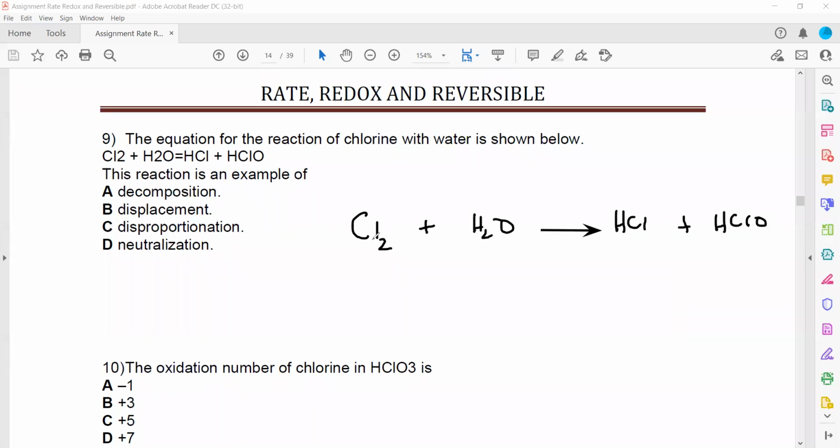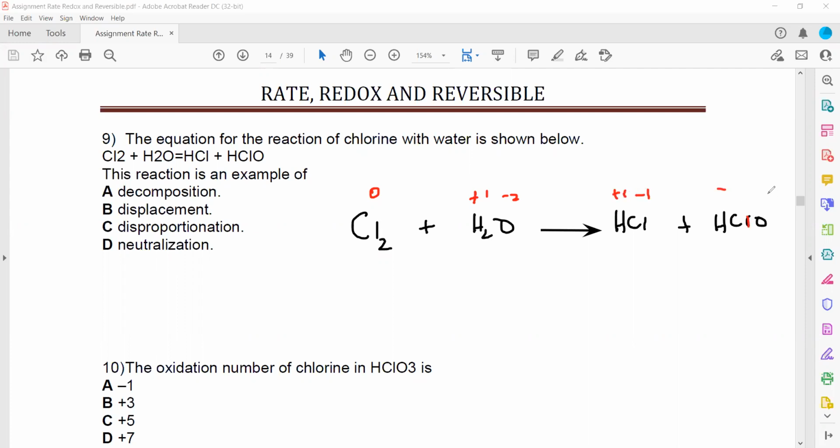Now, chlorine, because it's a molecule, has oxidation number 0, as an element. Water is a compound, each oxygen is -2. When we check oxidation or reduction, we check for each individual atom. We don't consider the whole. Each hydrogen will be +1, total +2. In HCl, chlorine is -1.